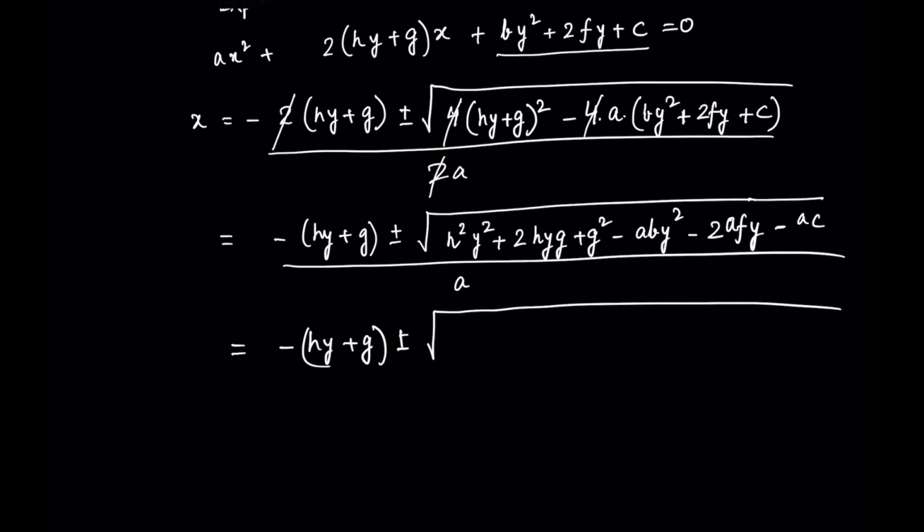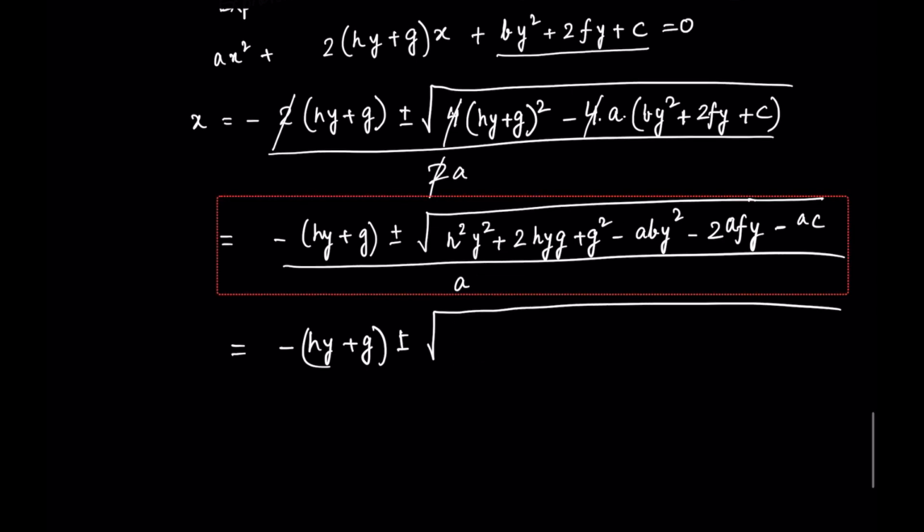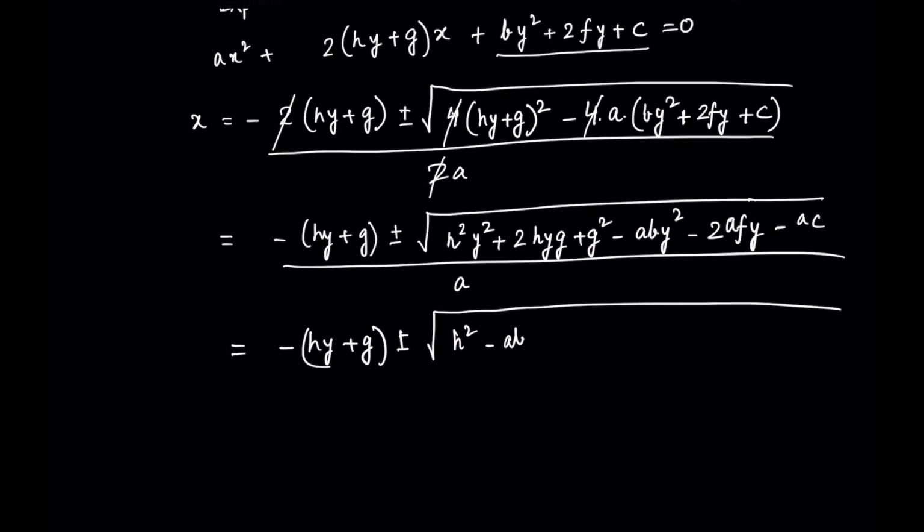this. So it has to be a perfect square, right? If it's a linear thing, this is under the square root, so under this thing, this should be a perfect square. Let's take out y square at first: this is h square minus ab, this is y square.